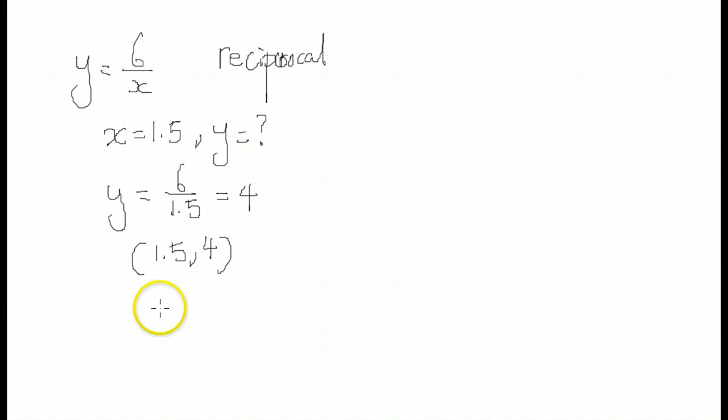Suppose we have the case where y is equal to 8. What would be the value of x? Again, we substitute y equals 8 into the equation. It would be 8 equals 6 over x.